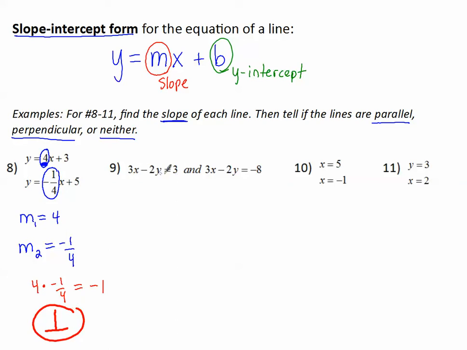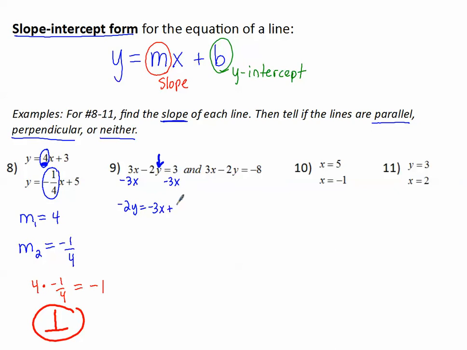Now look at the next one. Notice the y is not by itself. It doesn't say y equals mx plus b style. So we have to make it say that. Let's solve for y in this first equation. I need to move the x's over, so I subtract 3x on both sides. Negative 2y is left over, equals negative 3x plus 3. I'm going to put the x first because mx plus b is what I want it to look like.